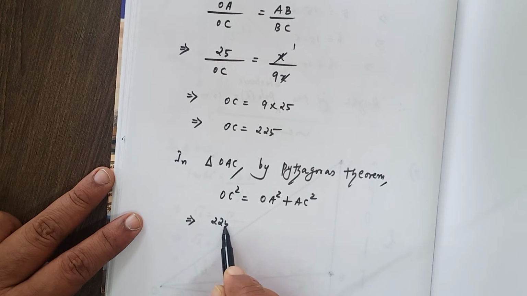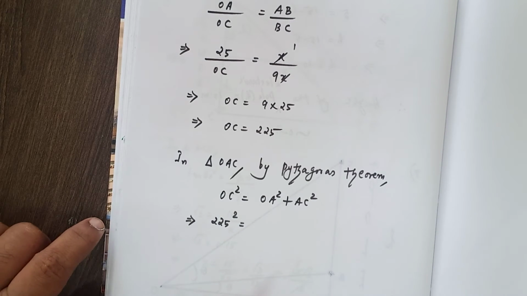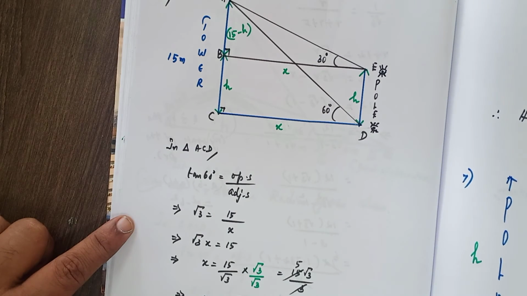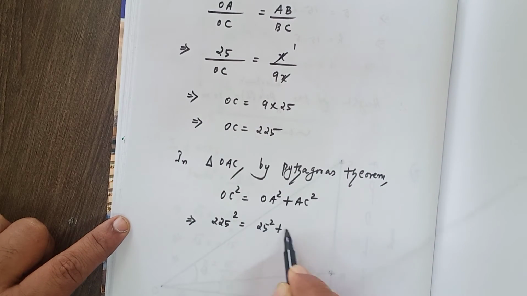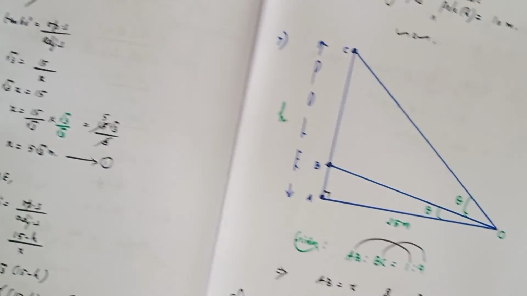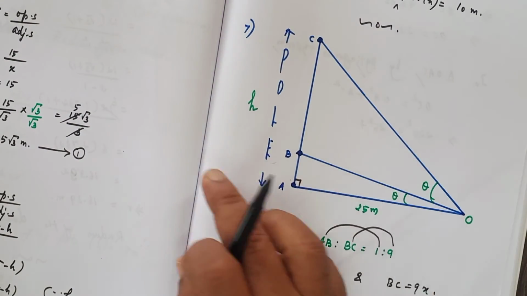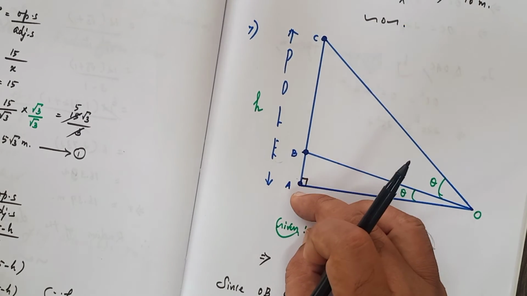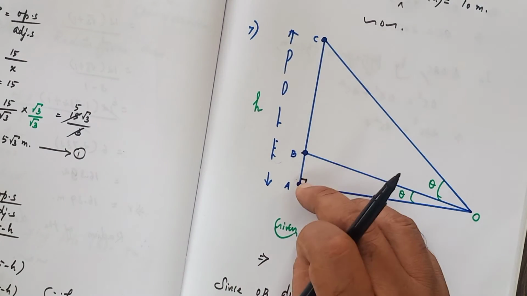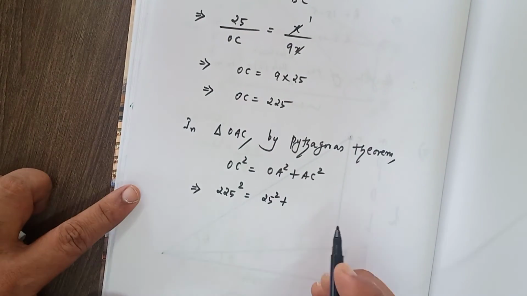OC is equal to 225, the whole square, equals OA square. OA is equal to 25, that is given. AC is equal to x plus 9x, right? AC is equal to AB plus BC. I write AB plus BC, the whole square.